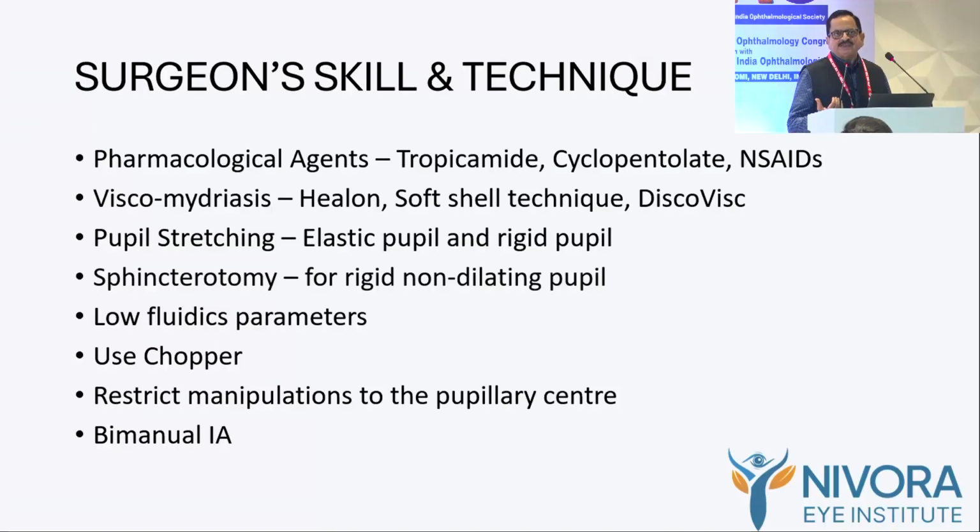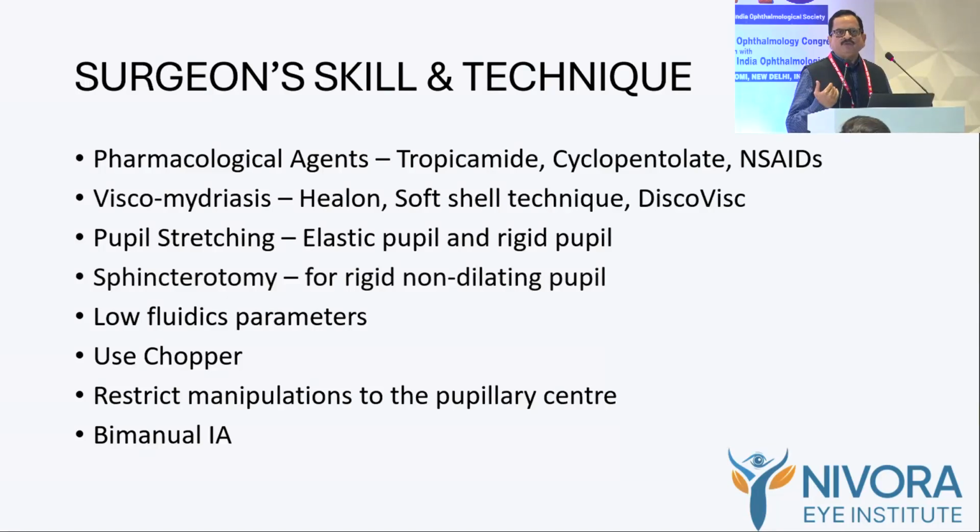If we try to stretch a rigid pupil too much, it may break the sphincters. But an elastic pupil can be stretched, only it will come back again. A rigid pupil can be stretched a little bit and it remains there. Then in some cases, sphincterotomy can be done. For a rigid, non-dilated pupil, we can just make small nicks on the pupil. That makes the surgery much easier.